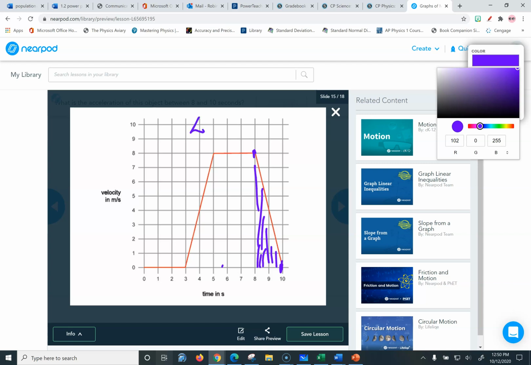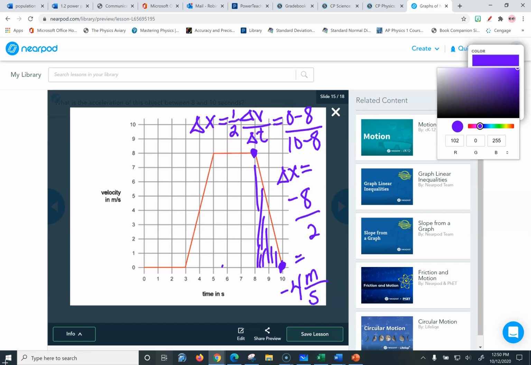So I'm going to say 1/2 delta V over delta T. If I use this as my final, it is 0 minus 8 over 10 minus 8, and my answer is negative 8 over 2, which is negative 4 meters per second per second.